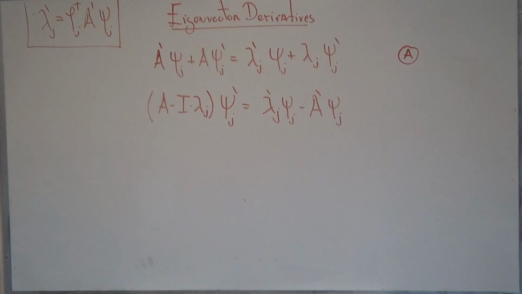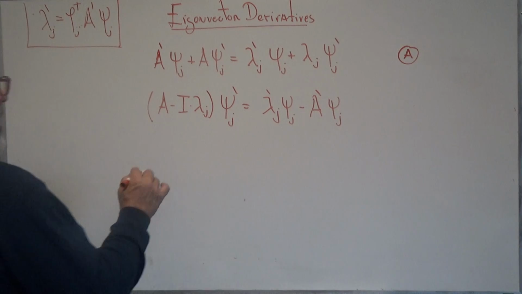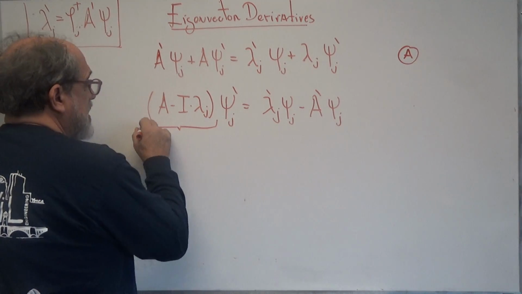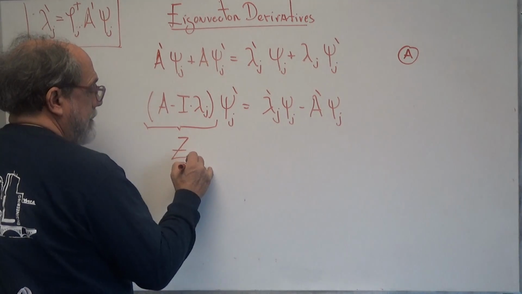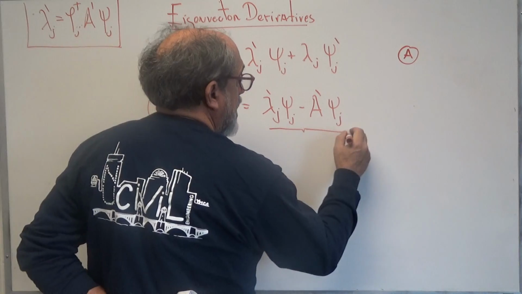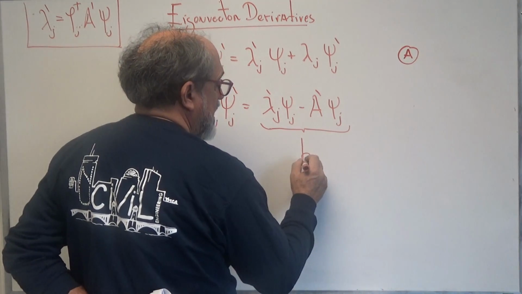So for simplicity of notation, let's just call this matrix Zj. Now, let's call this vector Bj.